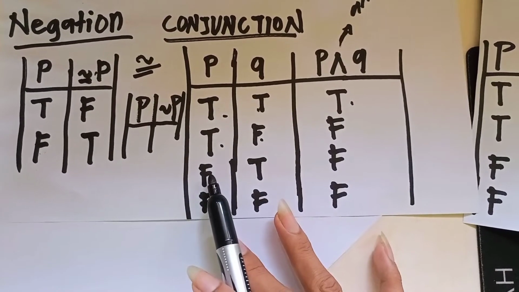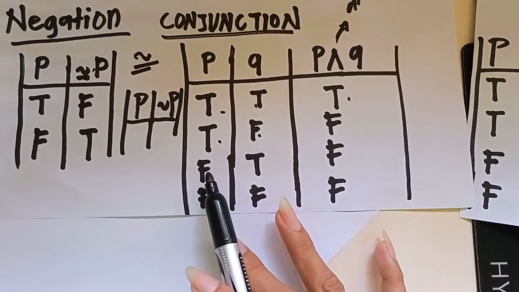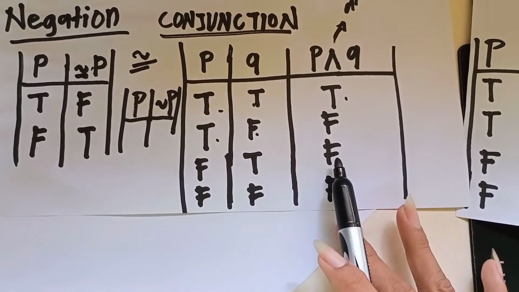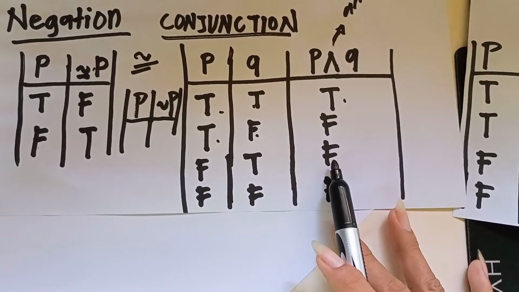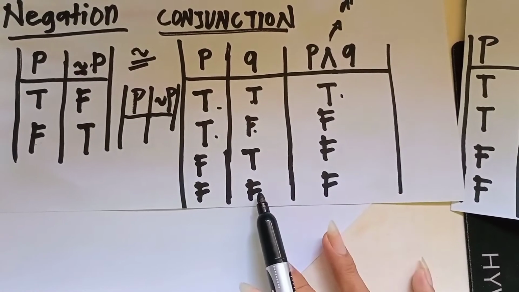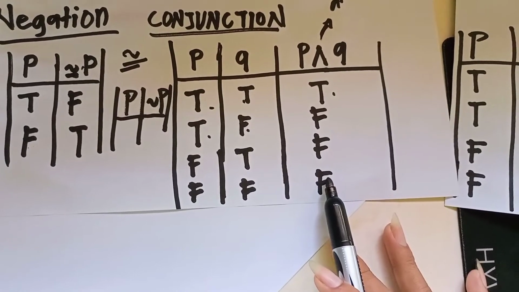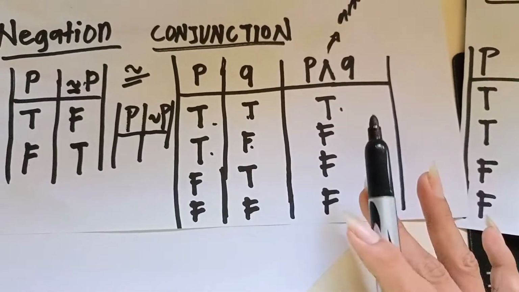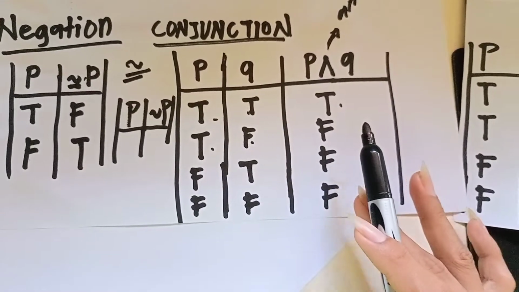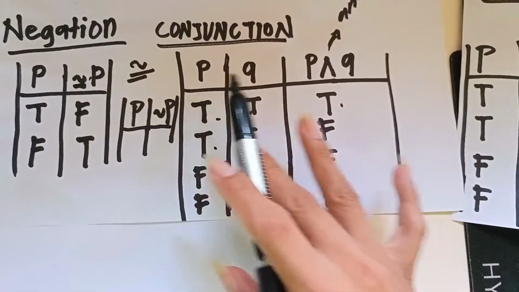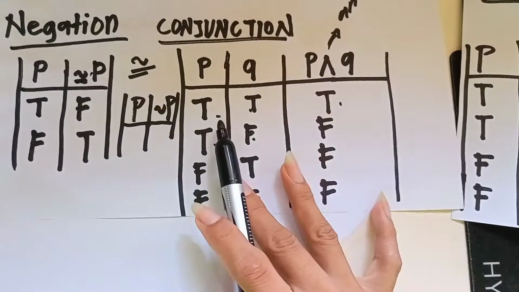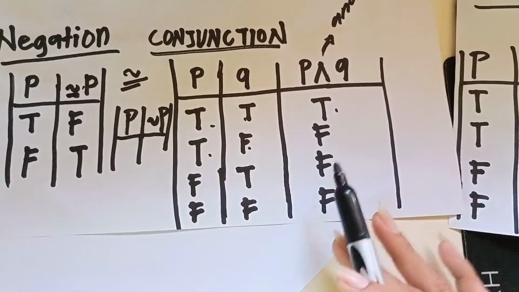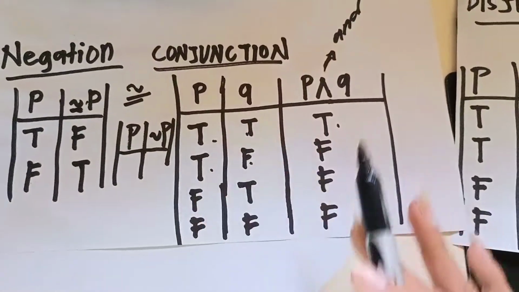Then like this, it is false, then true, so the whole statement is false. False, then false, the whole statement is false. The rule of conjunction is if P and Q are true, then the whole statement is true. That's the rule for conjunction.